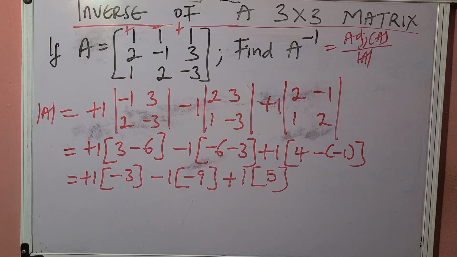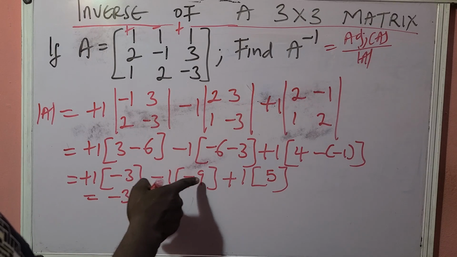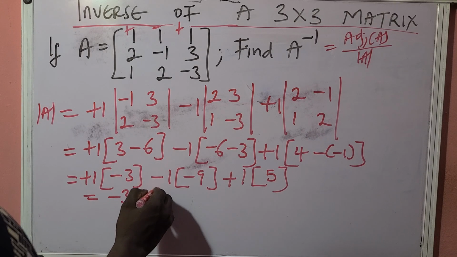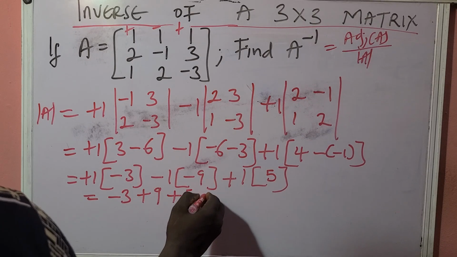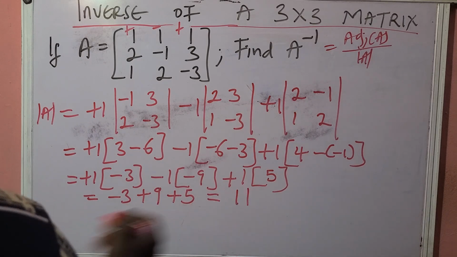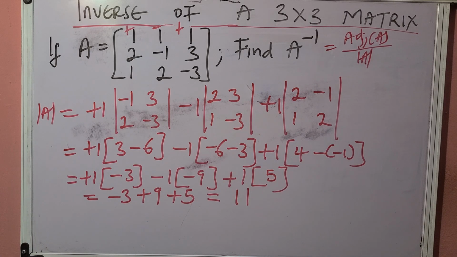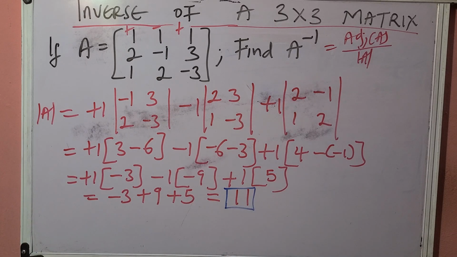So we have plus 1 times minus 3, that's minus 3, minus 1 times minus 9, that's plus 9, plus 1 times 5, that's 5. Now, what does this give us? This gives us a value of 11. So we can conclude that the determinant of A is 11.